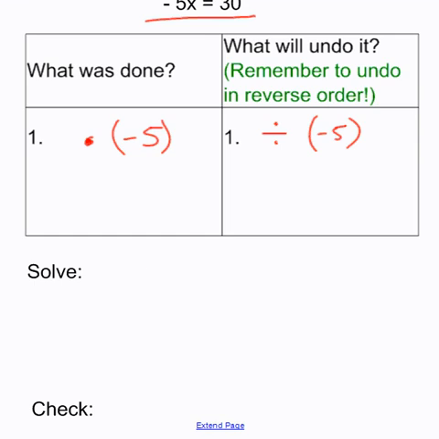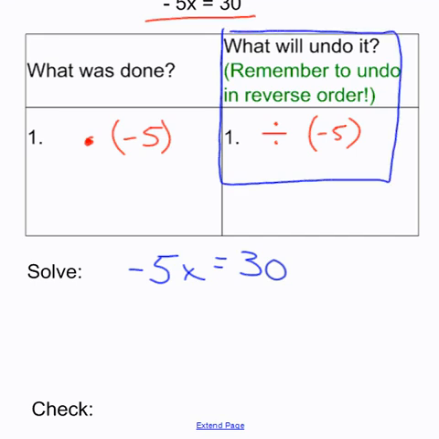So to solve that, I have my original equation, negative 5x equals 30. Remember that when you do this done undo thing, the power of it, the reason we ask you to do this, is that this side of the chart just tells you what to do. Once you've filled out the chart, you don't have to think very hard. You're just following your own directions.